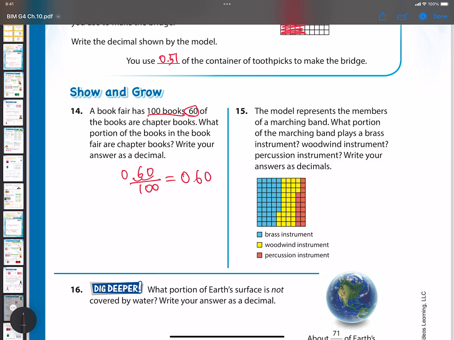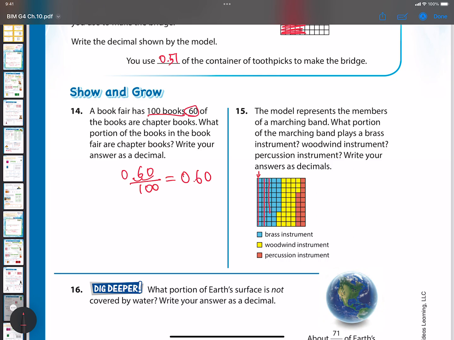Okay. Number 15. The model represents the numbers of a marching band. What portion of the marching band plays a brass instrument, woodwind instrument, and percussion instrument? Write your answers as decimals. So now brass, this long piece represents 10. 10, 20.